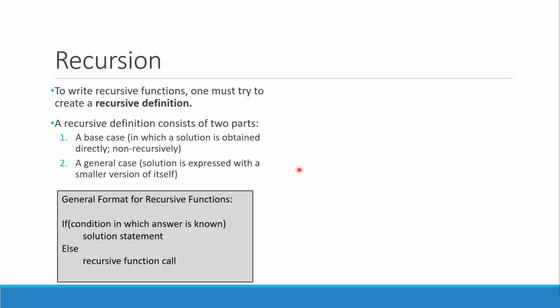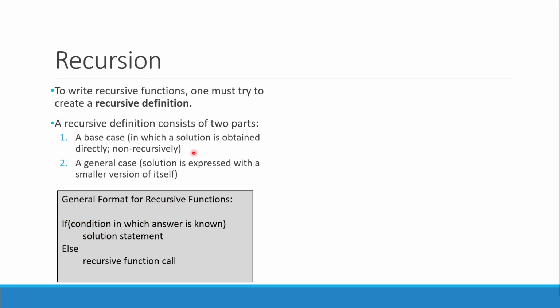Okay? So the general format for recursive functions is here. I wouldn't call this syntax because when it comes to recursion, there are many ways you can do it, but the general idea is that you have an if statement. Inside of the parentheses is a condition in which an answer is known.